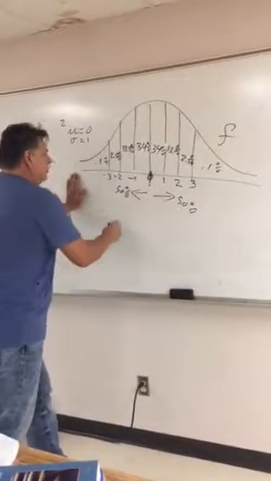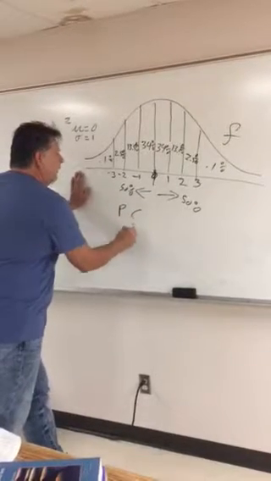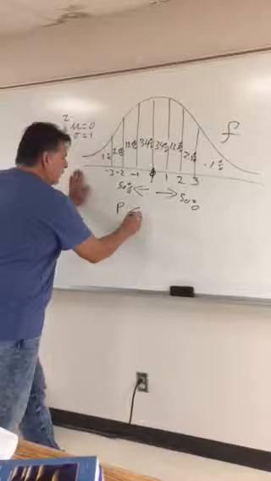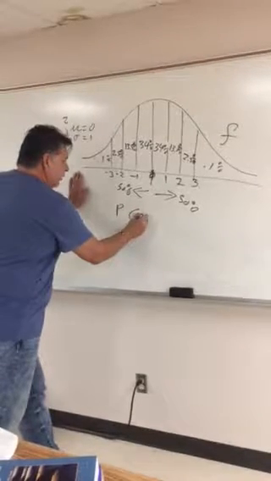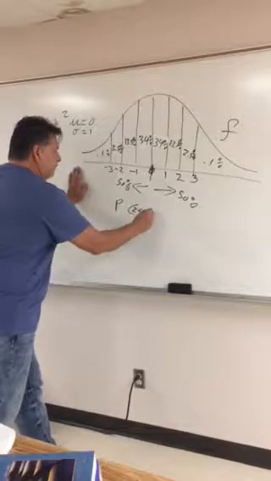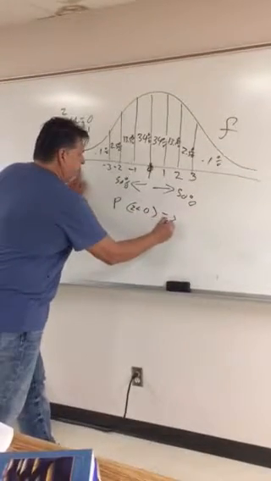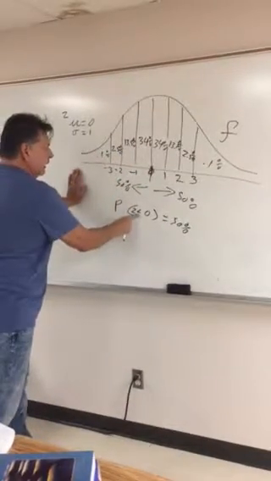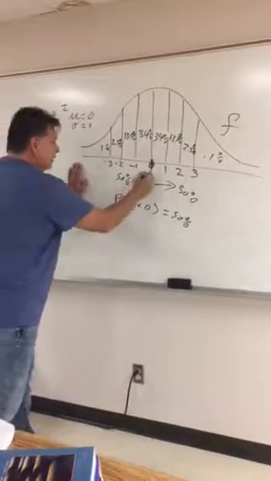If I ask you what is the probability of a Z value of less than 0, you're going to tell me that's equal to 50%, because 50% lies less than 0.